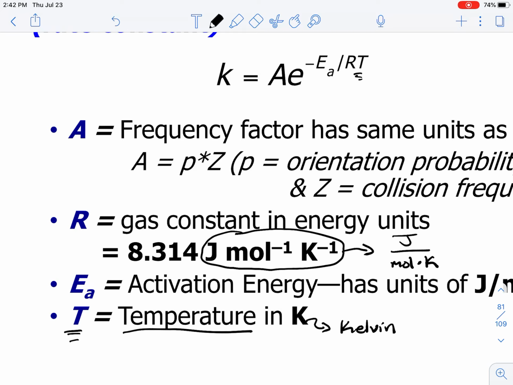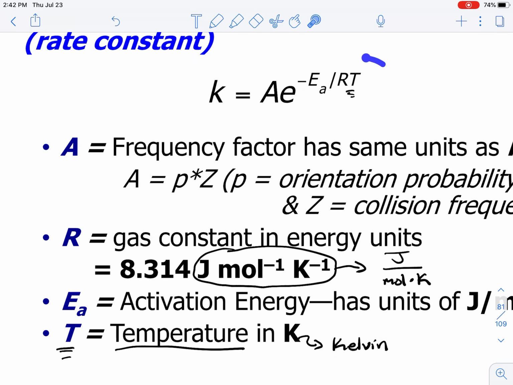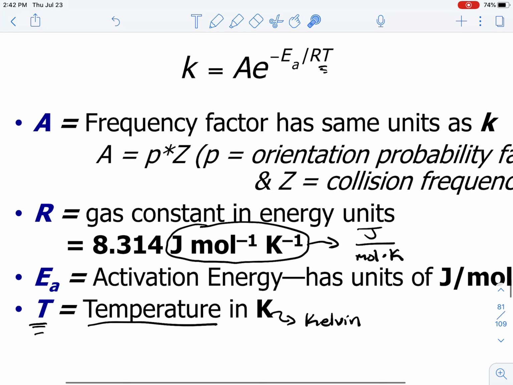And so if you are given temperature units in degrees Celsius or degrees Fahrenheit, you will have to convert that into Kelvin units before you can incorporate it into this equation. And so what drives that is the unit for the gas constant. Notice how it's in Kelvin units. And so your Kelvin units must match up between the gas constant and temperature.